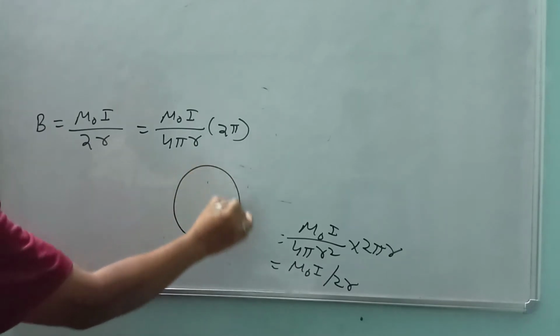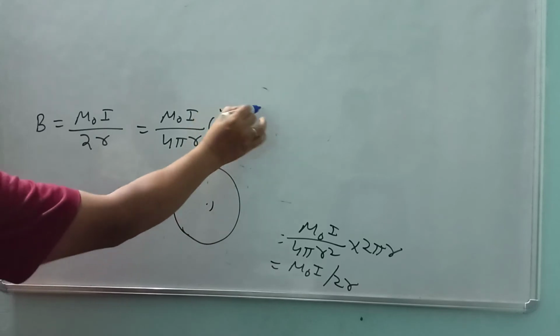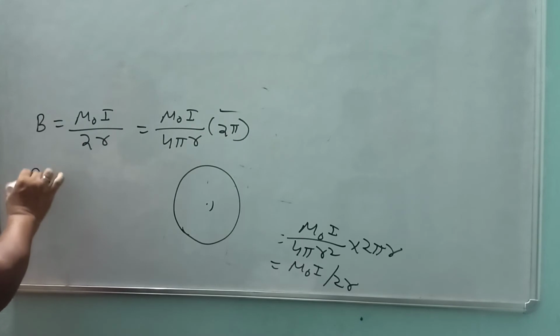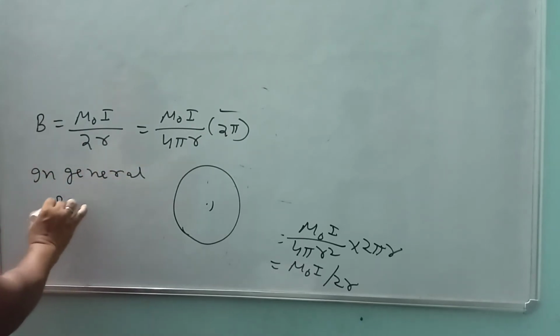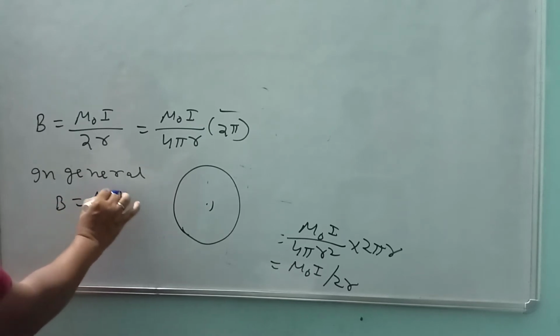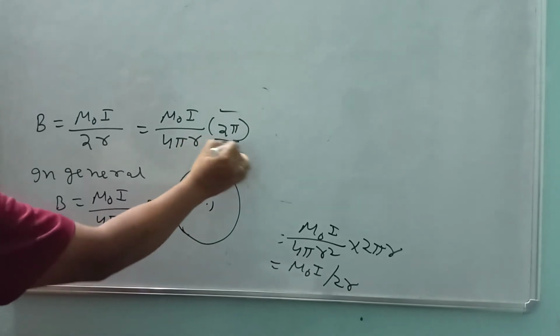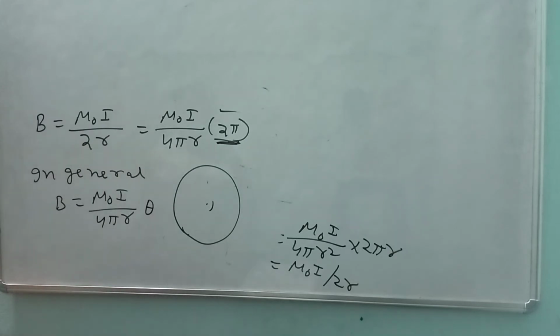Because for a circle, this angle is 2 pi. That's why I write in this form, 2 pi. But in a general form, I can write B is equal to mu naught I by 4 pi r into theta. This is theta. If it is a full circle, theta is 2 pi. If it is a semicircle, theta is pi. Like that.